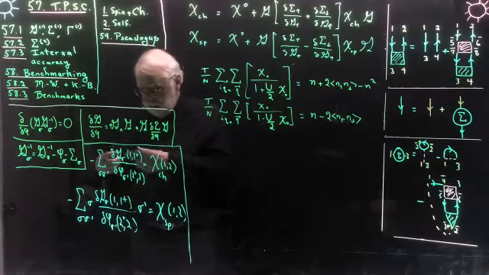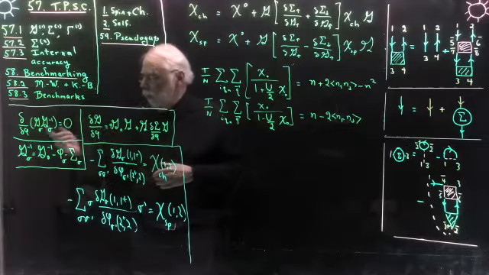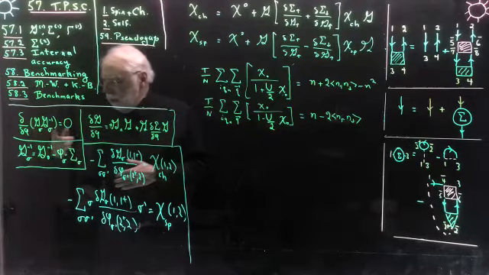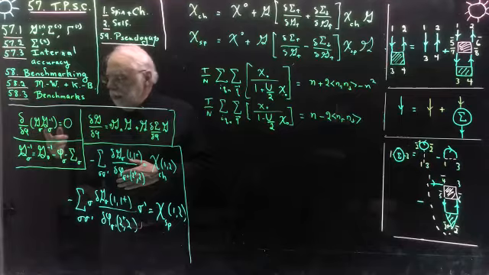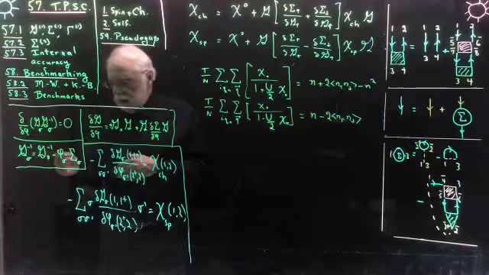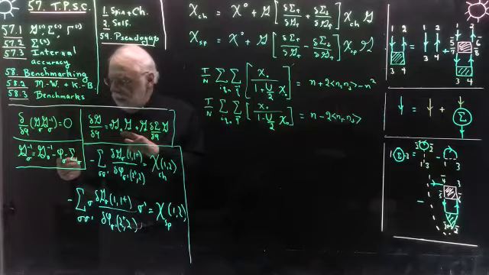Now, this delta G delta phi, if we just use this equation, delta G delta phi is related to delta G minus 1 delta phi. And delta G minus 1 delta phi comes from the derivative of the phi.